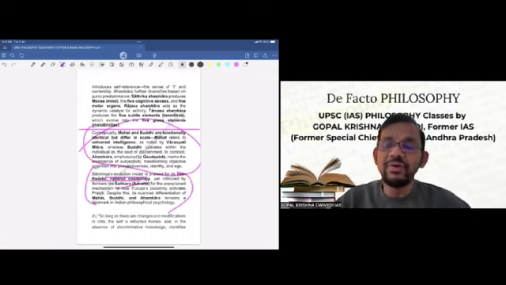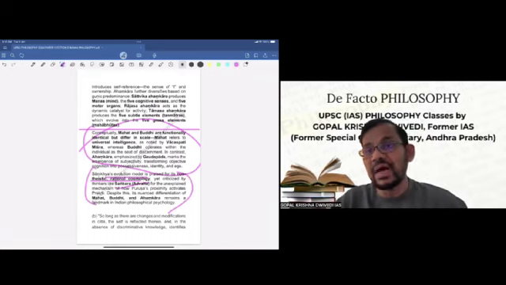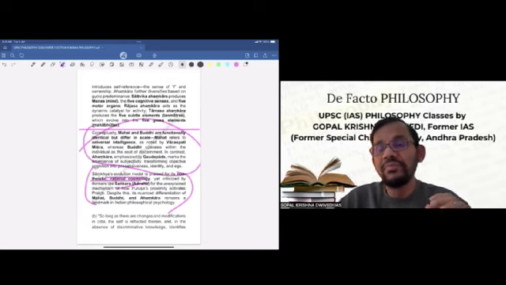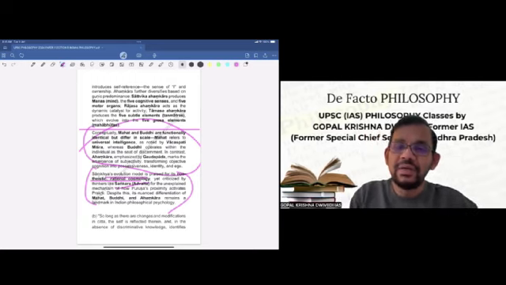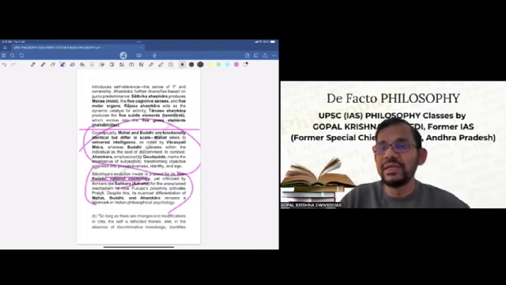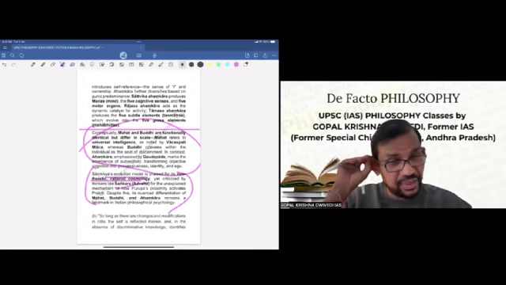So that's what I want to say. Even if it has not been asked, if you are able to mention in one line or one sentence, or give a passing remark of this, you are going to upgrade the answer, because the examiner will understand that you have read the whole philosophy very intensively and you have understood the things very well. So this is what I just want to clarify.